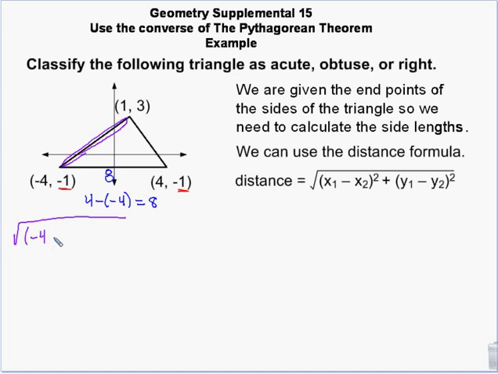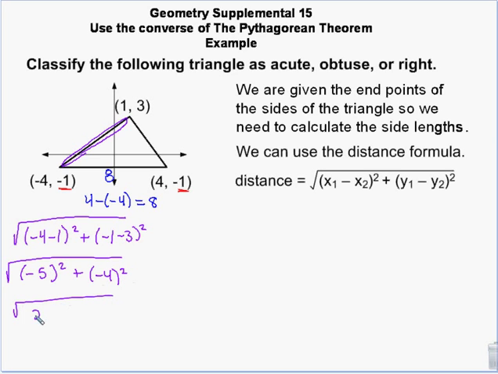So -4 minus 1 squared, and then -1 minus 3 squared. So that gives me -5 squared and -4 squared. 25 and 16. 25 and 16 is 41.